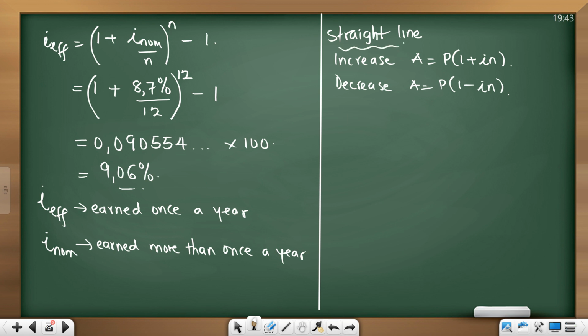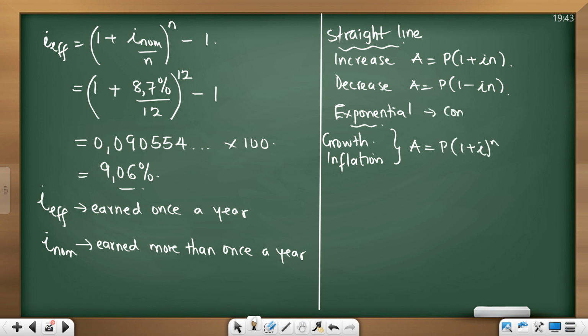Growth, if it's exponential growth, the investment would grow. A equals 1 plus I, and this is compound.